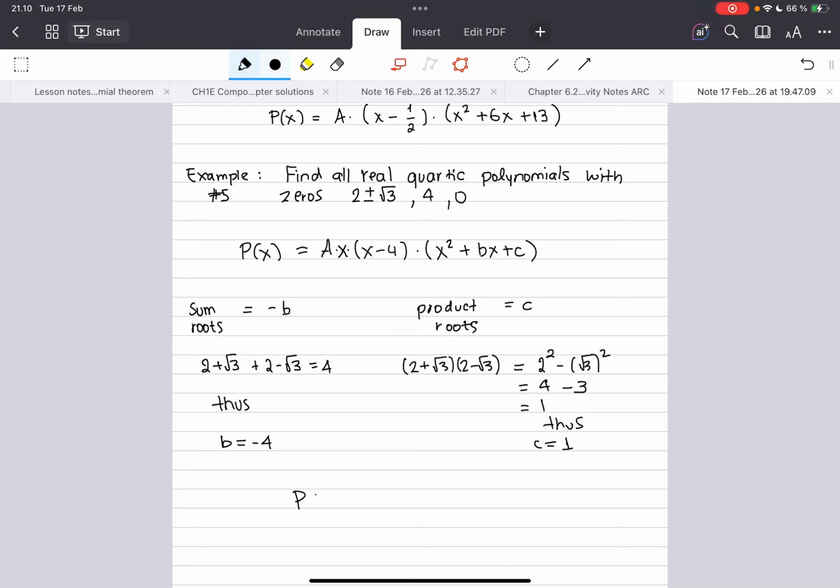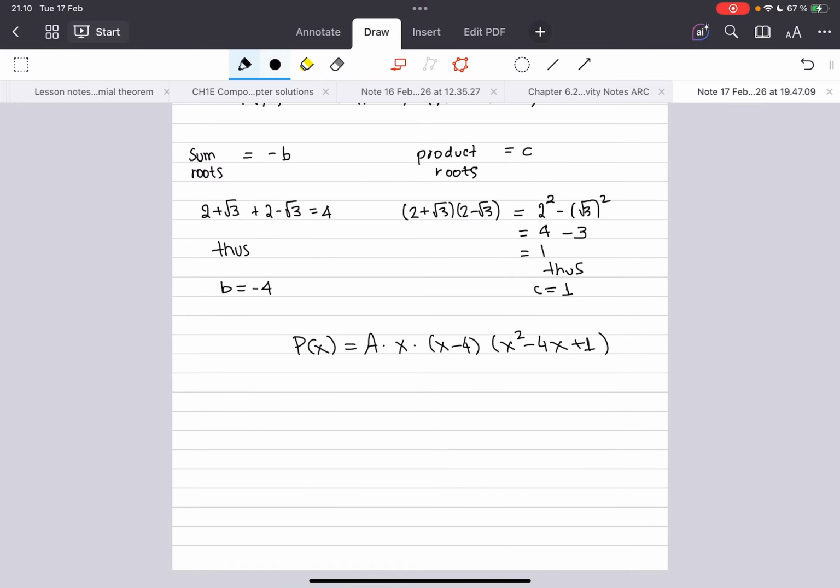And therefore the polynomial can be written as a multiplier a, times x, times x minus 4, times x squared minus 4x plus 1. Okay?